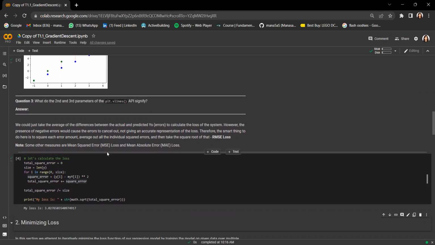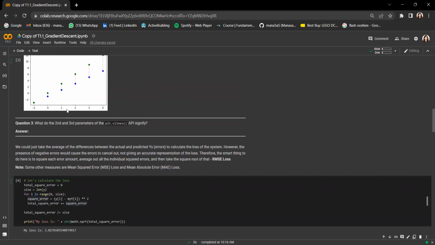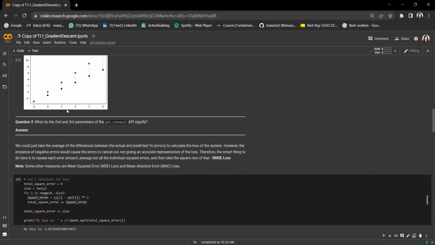But like I said before, our predicted values could be lower than the actual values, and this would give rise to negative losses. So if you just add them up, they would cancel out, and this wouldn't give a true representation of our actual loss. So a method here would be to square the differences and then find the mean.